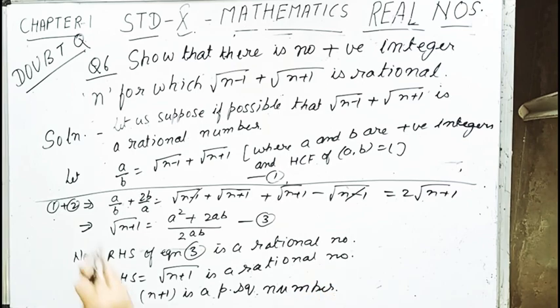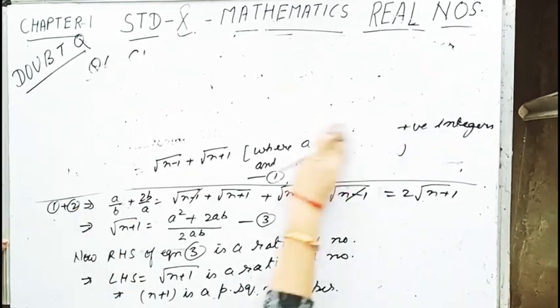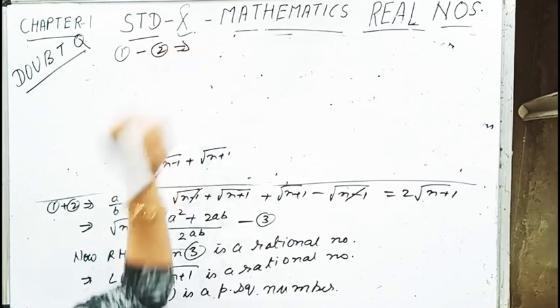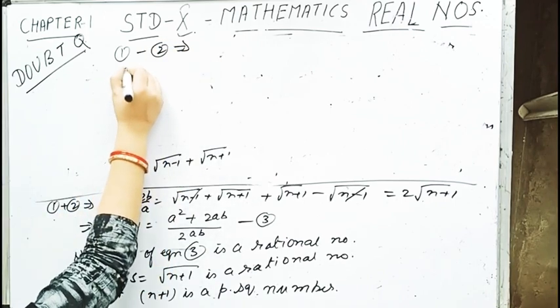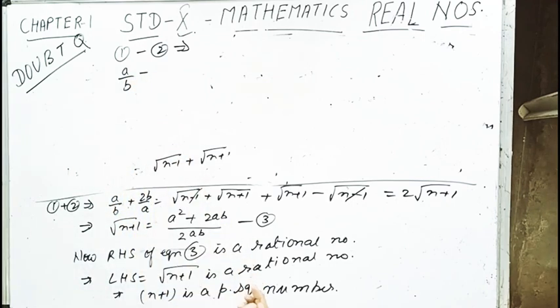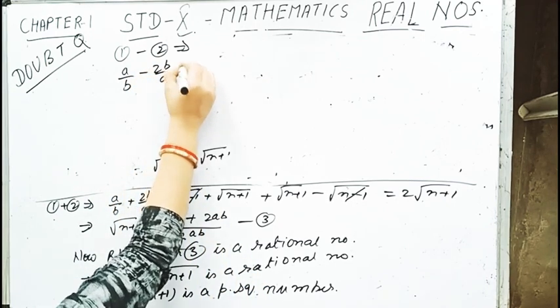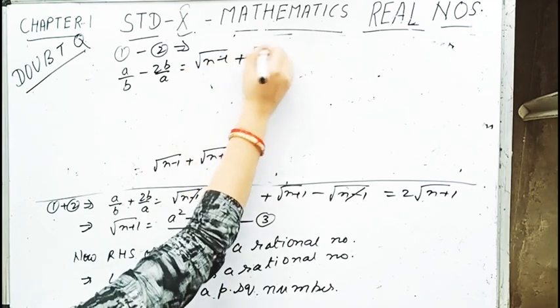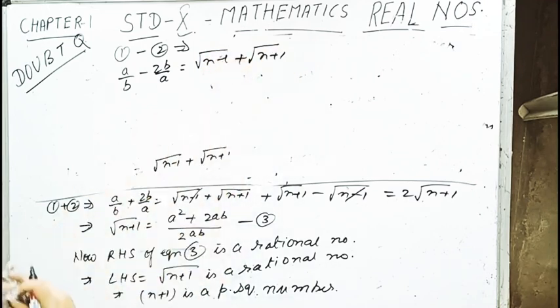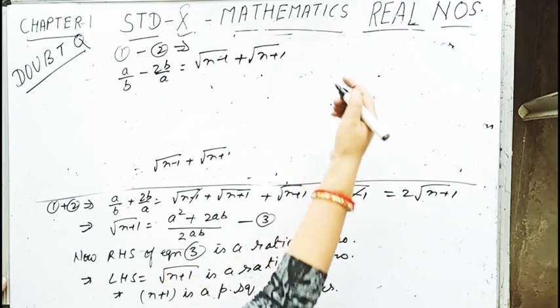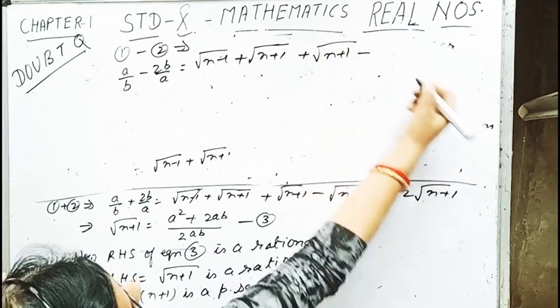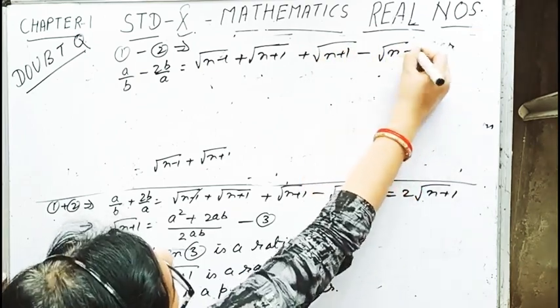Now let us subtract 1 and 2. 1 minus 2 gives a/b − 2b/a equals √(n−1) + √(n+1) minus (√(n+1) − √(n−1)).